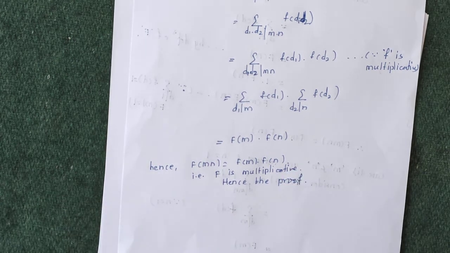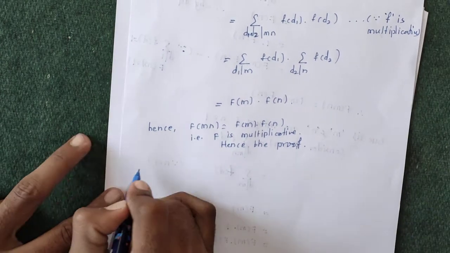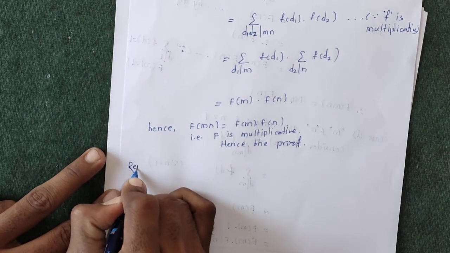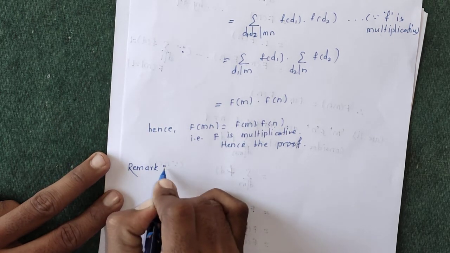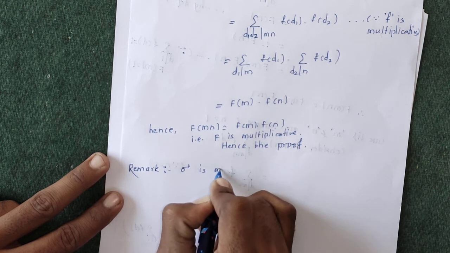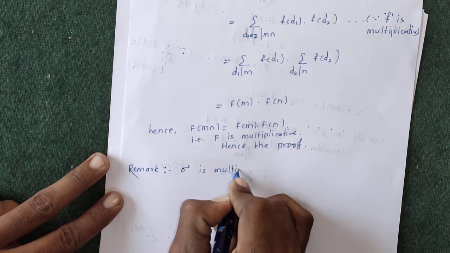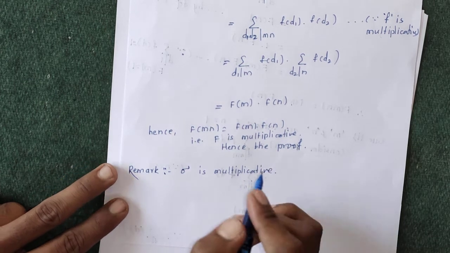F is a multiplicative function. Now next, to prove the next theorem, before that, take one remark. The remark is that the sigma function is also a multiplicative function.